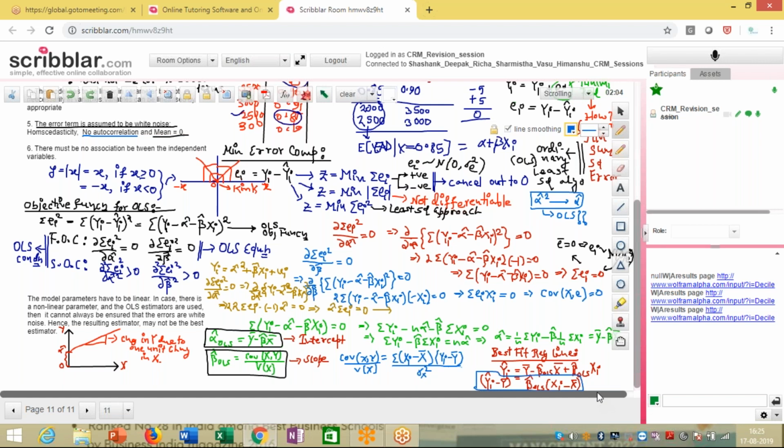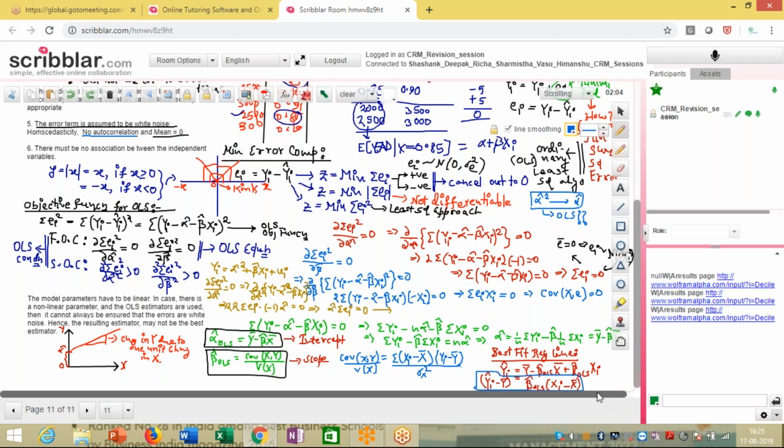Now the next part over here would be to understand the properties of this best fit regression line, and to test for the significance of alpha hat and beta hat, and to assess the goodness of fit of this model.